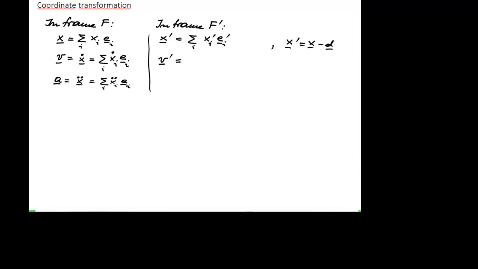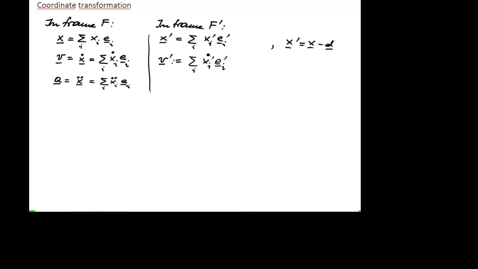Now what's the velocity vector that my colleague sees? V primed. This is by definition how velocity for my colleague is defined. Again expressed in the reference frame of my colleague, so ei primed, and the components of the velocity that my colleague sees is simply the time derivative of the primed components.